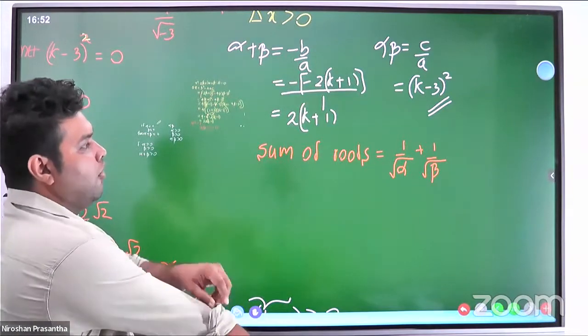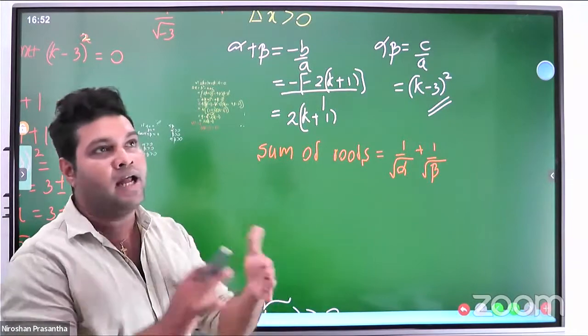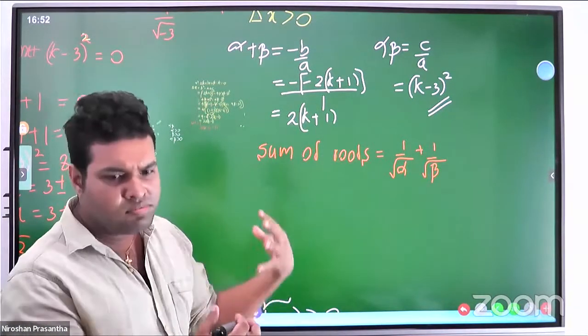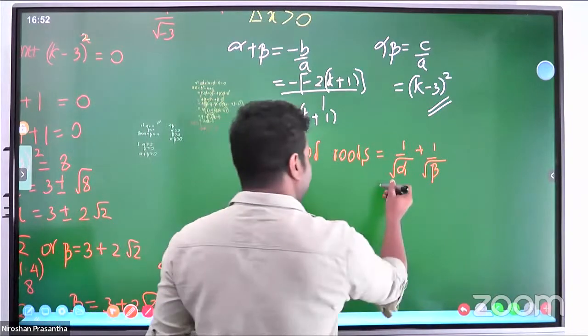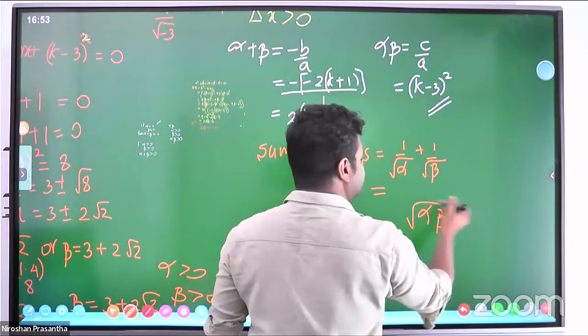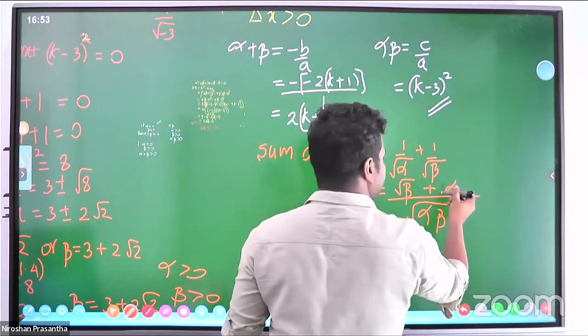Then you better always write down any expression given in terms of the sum of alpha beta and the product of alpha beta. Now still we cannot have a summation. Therefore, you can write down the product alpha beta and root alpha plus root beta. In this way it's coming.